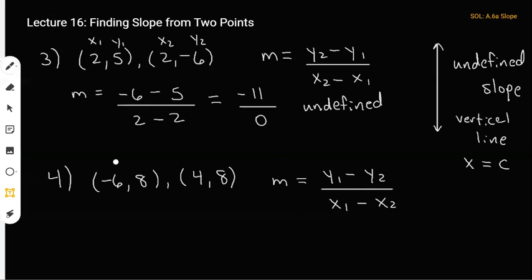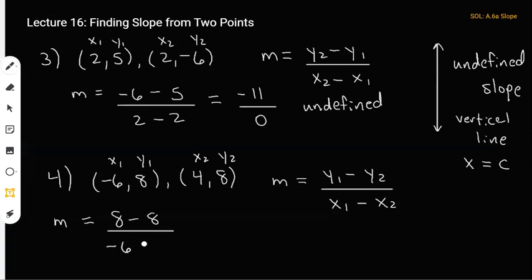So now let's label our 2 points. We have x1, y1, and x2, y2. So on top of the fraction, I'm going to have y1 minus y2. What would that be? That would just be 8 minus 8. On the bottom of the fraction, I'm going to have x1 minus x2.